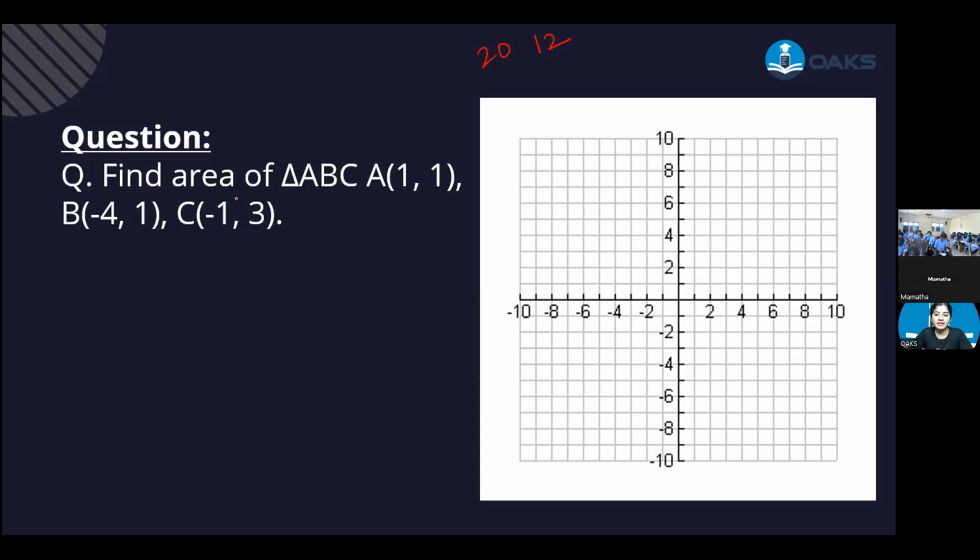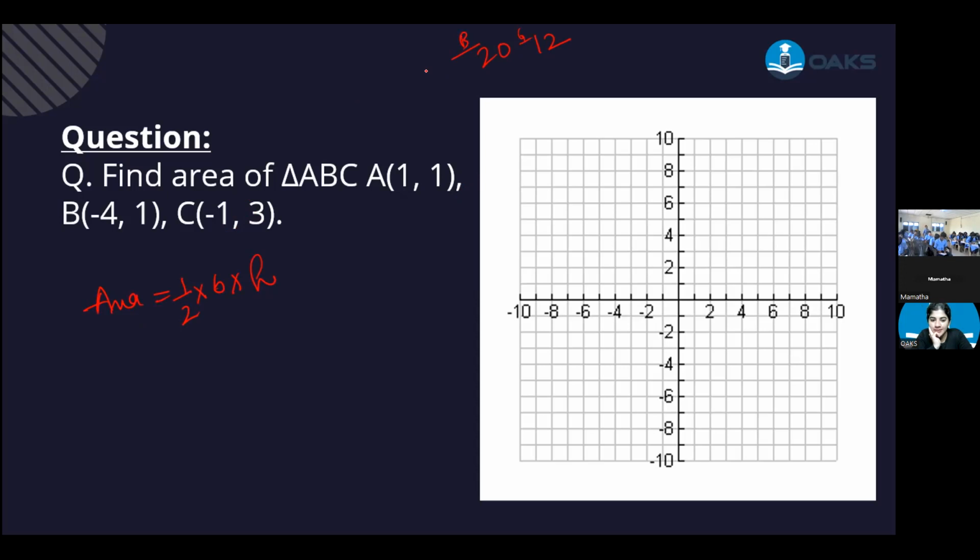Area of triangle ABC. Let's see. Not a tough question.